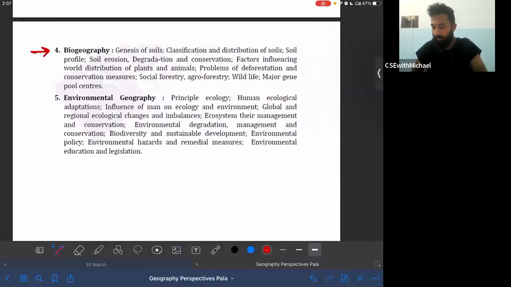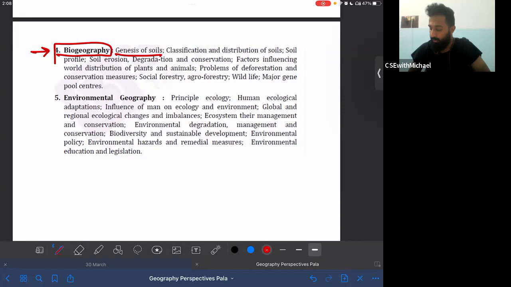The rest of the three realms we have studied, that is land, ocean, and water. Now the combination of all these three is biogeography, where we'll be studying mostly the distribution of life on the planet, plus a few things about soil.